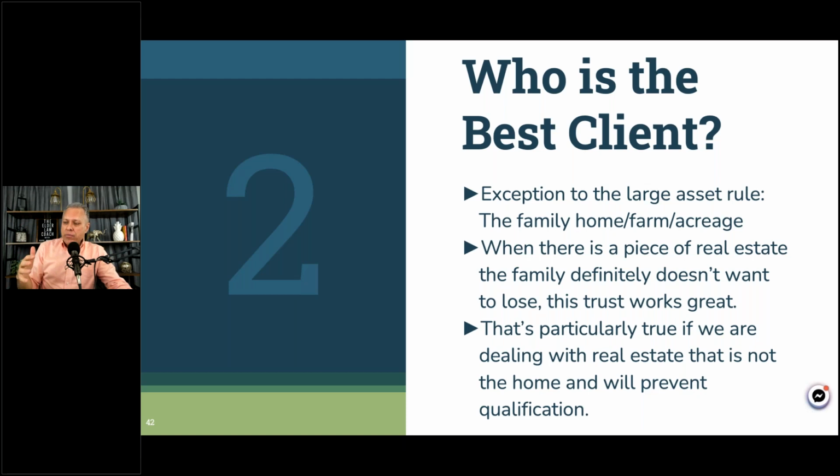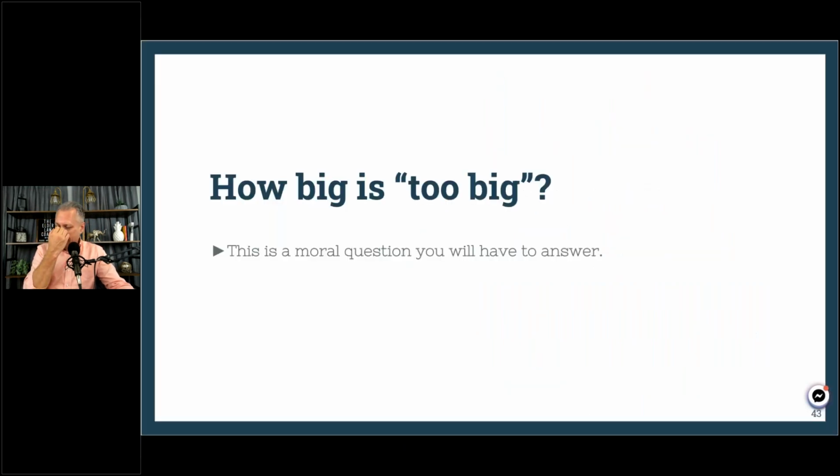Even if they don't have much money, but they have this thing that they don't want to sell in a crisis because it's more than $140 or $150,000, it's going to cause them to never qualify for Medicaid, even if they're married. It's a problem asset. Put it in the trust and be done with it. Okay. So they don't have to be rich, but they're typically rich. Although if the family is hung up on this one piece of real estate, they need a trust. Okay. And they will pay for a trust.